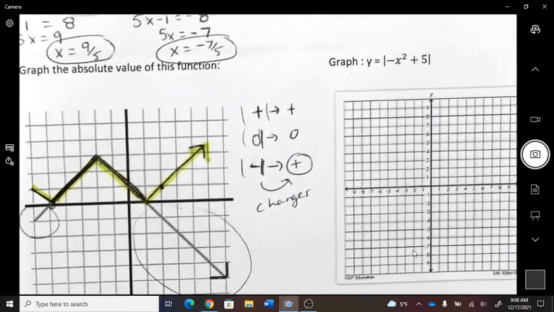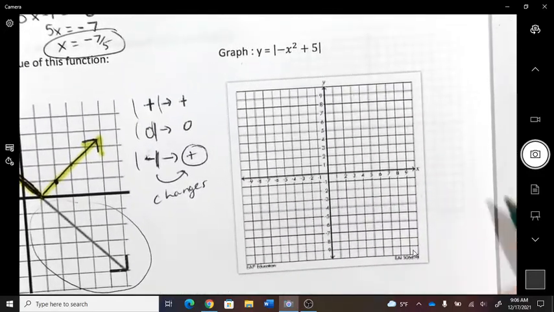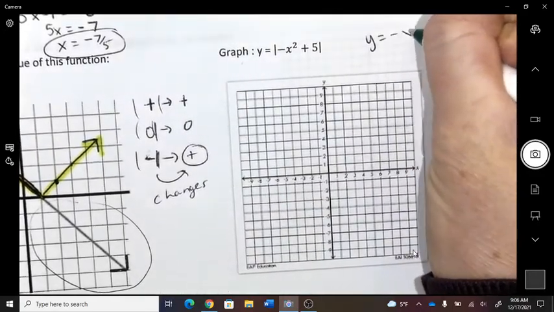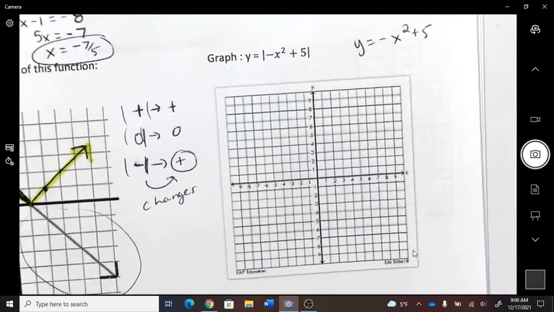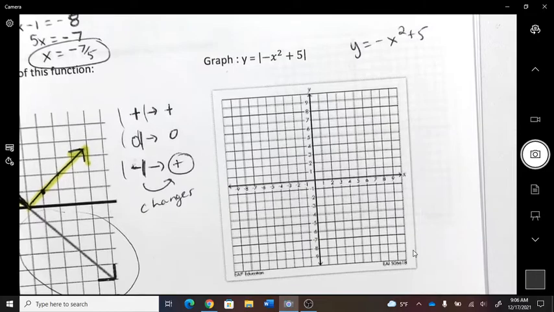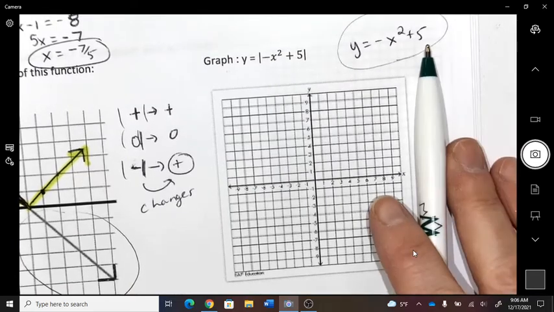Okay, next, graph the absolute of this. So first of all, without the absolute, I'm just going to graph what this is. Tell me 3 things you know about this equation when we graph it. 3 quick things. What's a 5 on this?